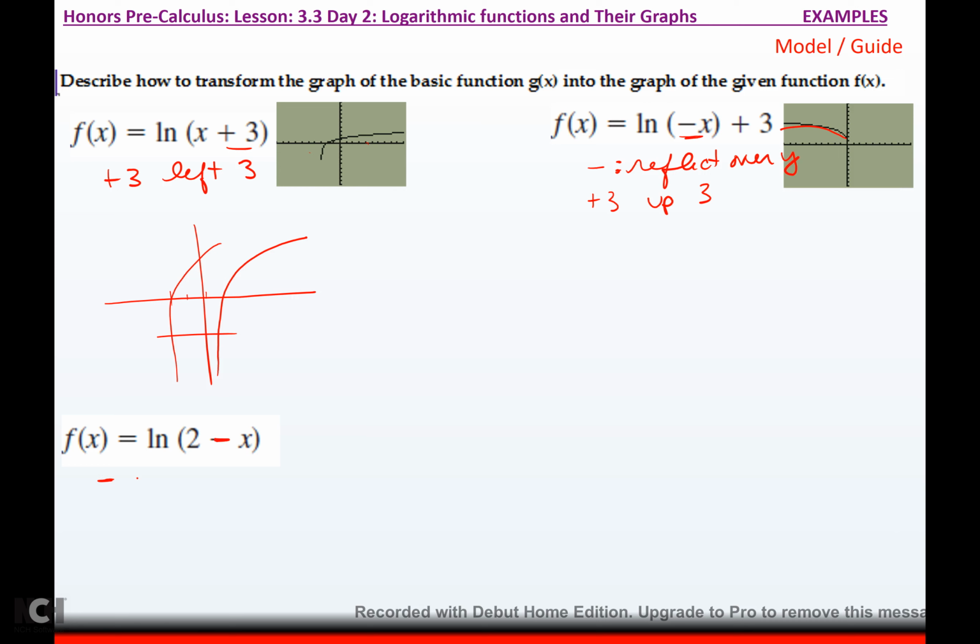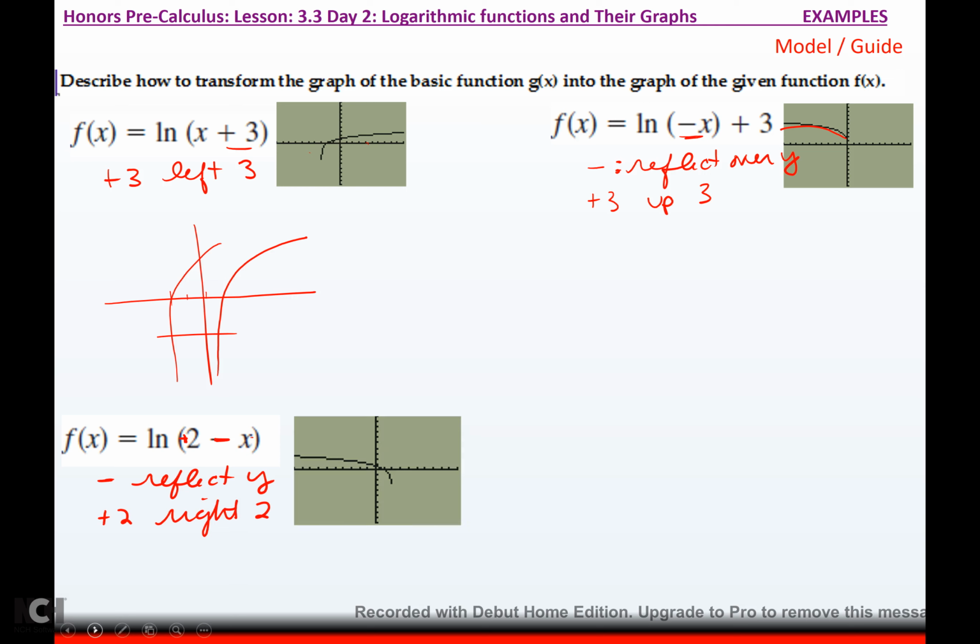That negative is going to reflect over y. This positive 2 would make me think go left 2, but because x is negative, that's going to reverse it and actually make it go right 2. And if I looked, it reflected over y, so it turned it this way, and then it went right 2 instead of left 2. Okay?